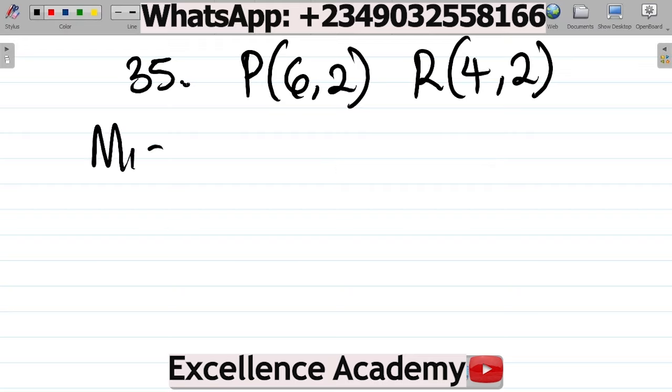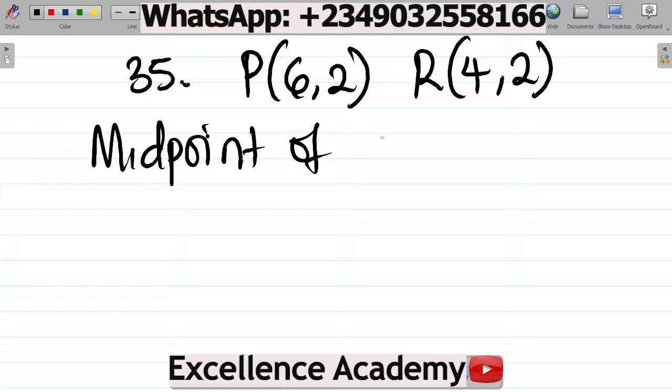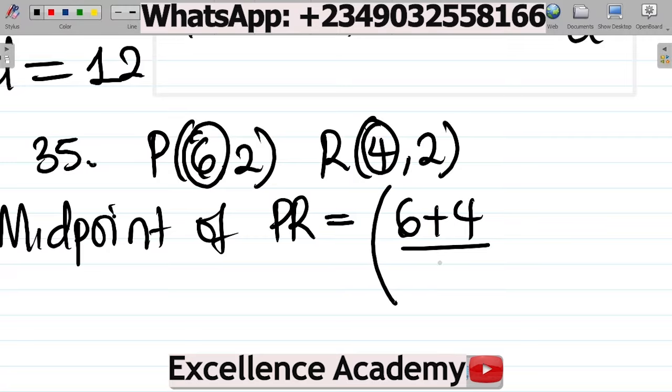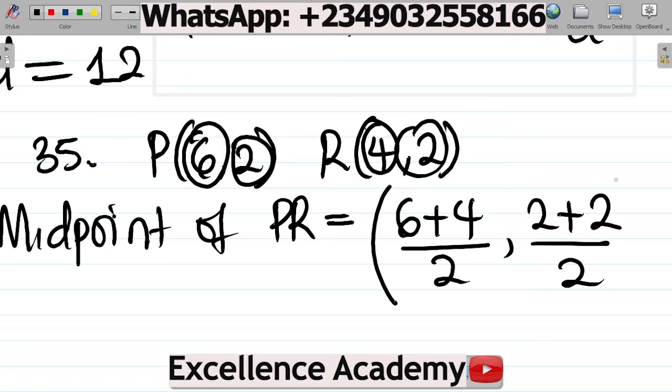The midpoint of PR is equal to, we combine the x values, which for P is 6 and for R is 4, so 6 plus 4 over 2, and for the y value, for P you have 2 and for R you have 2, so 2 plus 2 all over 2.